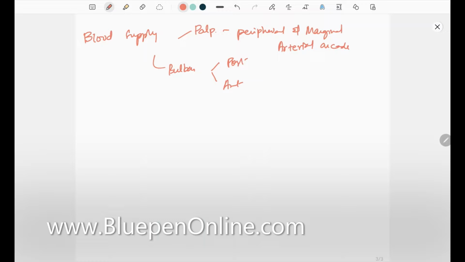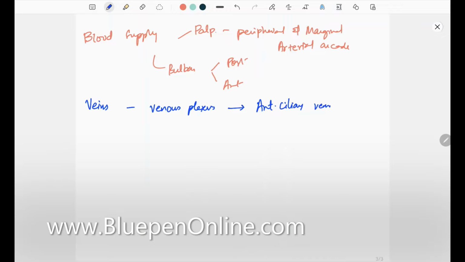So the palpebral conjunctiva is supplied by the arterial arcade simply, and the bulbar conjunctiva is supplied by anterior and posterior conjunctival arteries. Now the venous supply: the blood is drained through a venous plexus of the eyelids, which ultimately drains into the anterior ciliary veins.